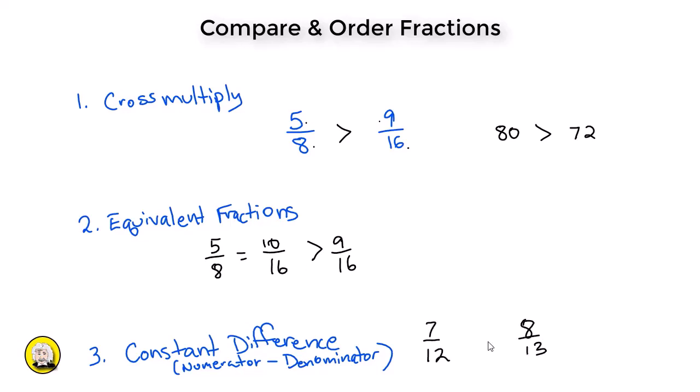7/12 versus 8/13. Well, I notice on this one, the difference between numerator and denominator is 5. 7 is 5 less than 12. Likewise, 8 is 5 less than 13. So, all else equal, if that difference is the same or constant, the larger numbers will be the larger values. 8/13 will be greater than 7/12.